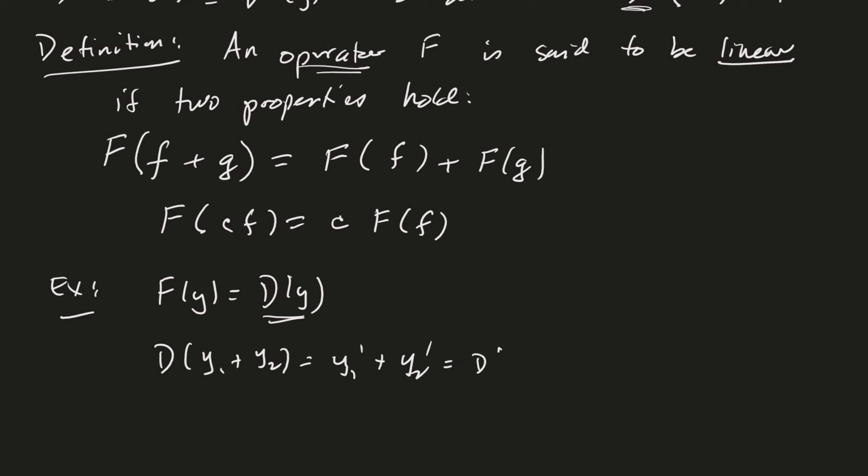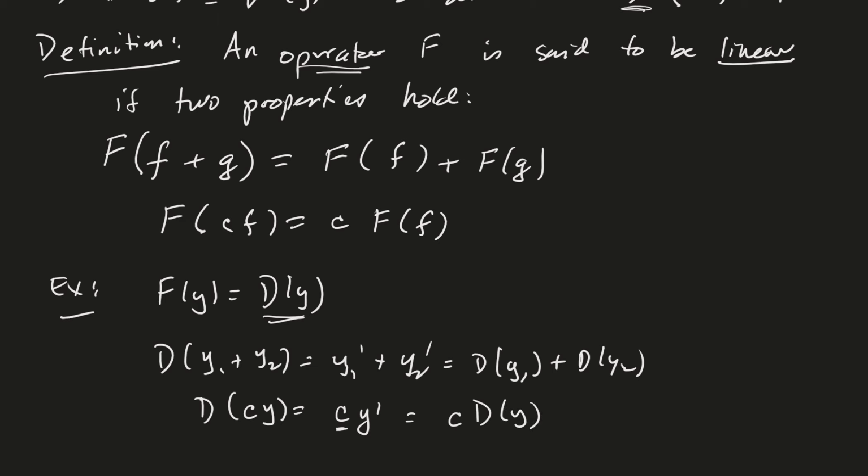And that is D of y1 plus D of y2. Furthermore, if I take the derivative and apply it to c times y, we know that we can pull the constant out, right? So that's the constant times D of y. Good. So therefore, the derivative is a linear operator. D is a linear operator.